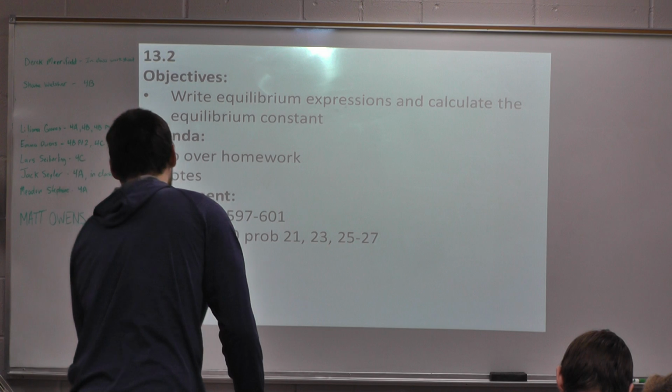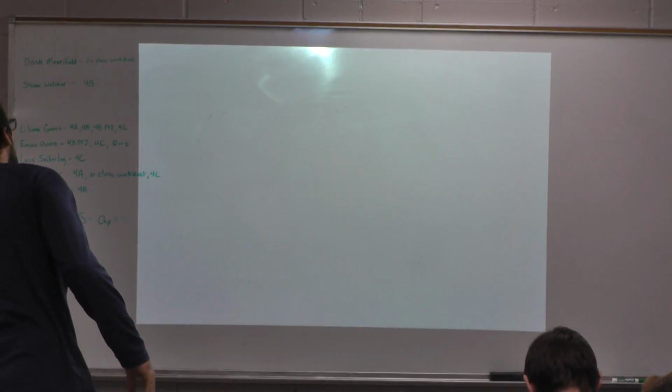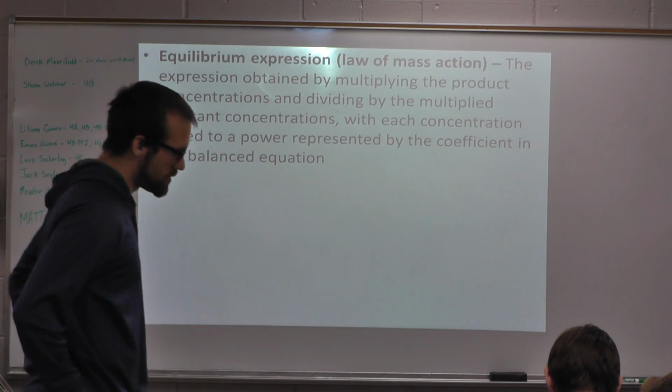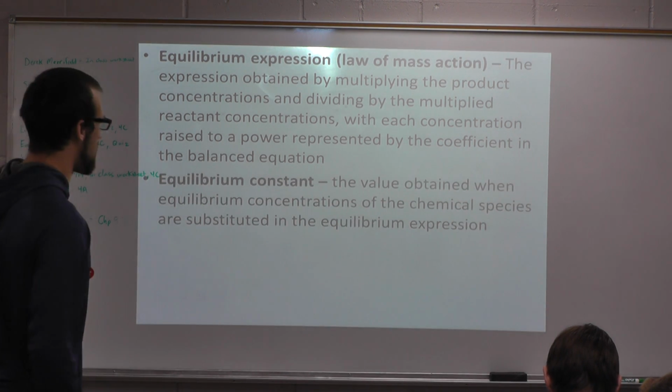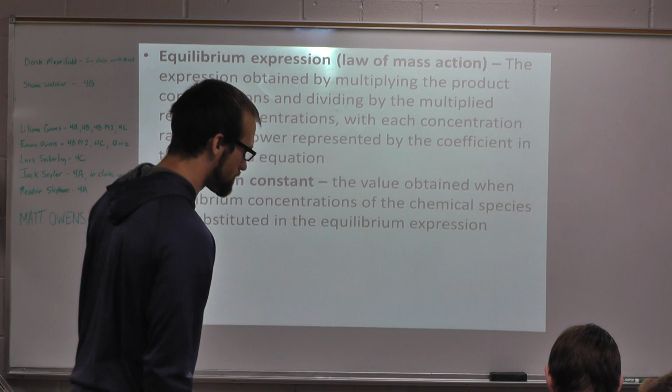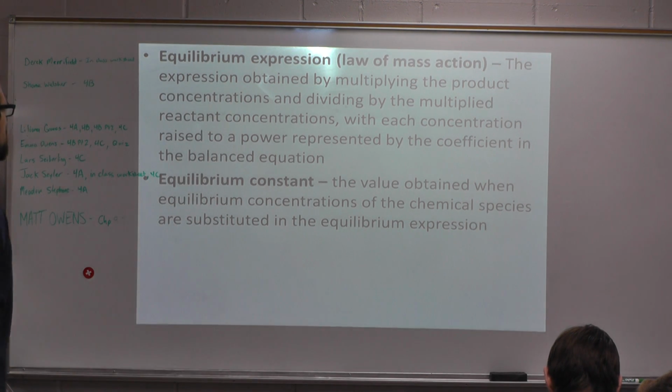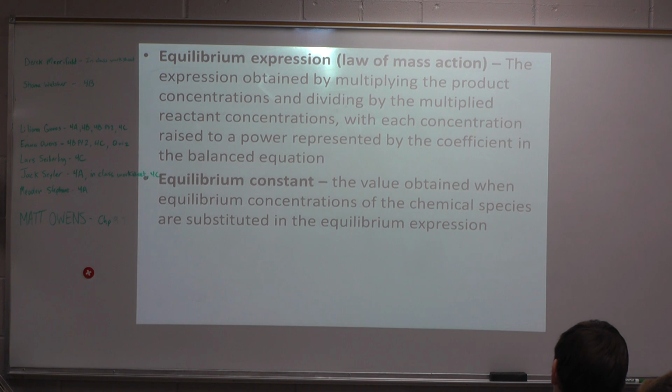So, you're going to see something very familiar known as the equilibrium expression, or another way that they describe it is the law of mass action. The expression obtained by multiplying the product concentrations and dividing by the multiplied reactant concentrations, where each concentration is raised to a power represented by its coefficient.